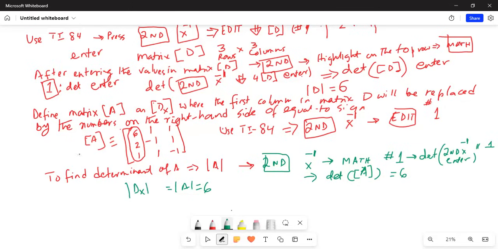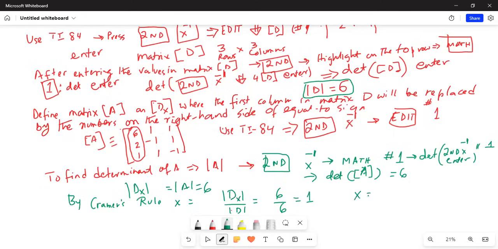So by Cramer's rule, x is given as determinant dx divided by determinant of d. Now determinant of dx is 6, and determinant of d, as determined in this step over here, is 6. So it is 6 over 6 and is equal to 1. So we have one solution, x is equal to 1.